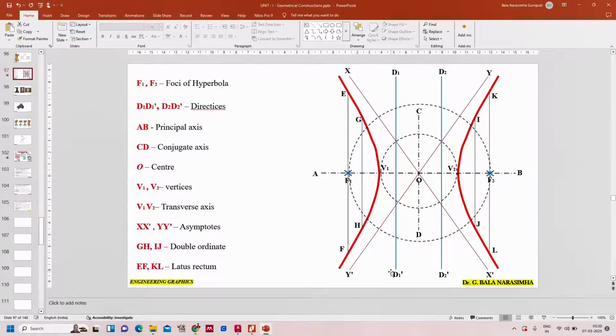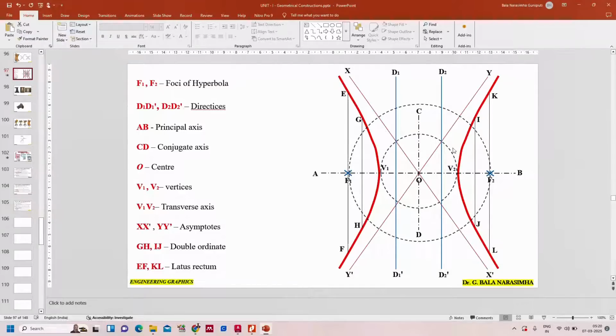D1 dash, this is the directrix for this hyperbola. D2 dash, this is the directrix for this hyperbola. You can see that a hyperbola or a parabola will have one focus point each, whereas an ellipse has two focus points. Coming to this hyperbola, this is the focus point, and coming to this hyperbola, this is the focus point.